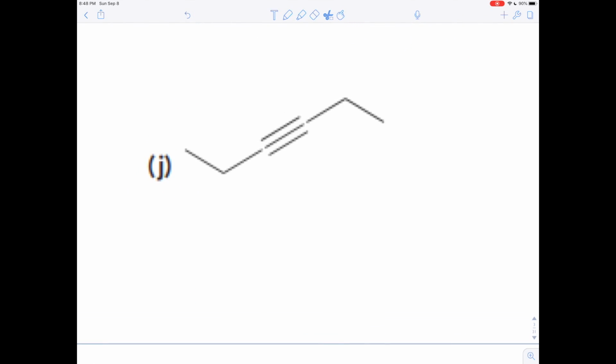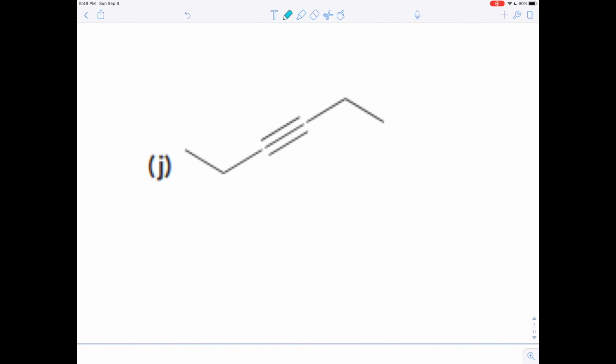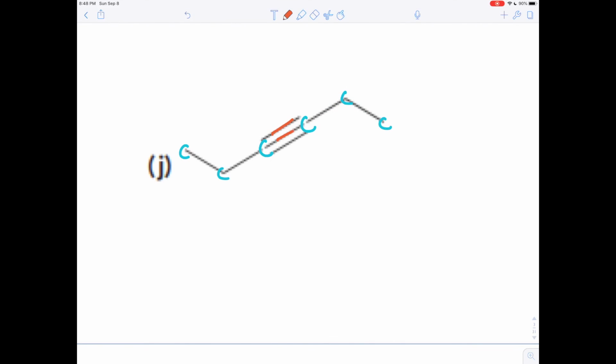All right, so remember, at the end of every line, in the corner in every line is a carbon. So this is a carbon, this is a carbon, this is a carbon, this is a carbon. Now, if you remember, when you have a triple bond, these carbons here have 4 bonds. They don't have any lone pairs.